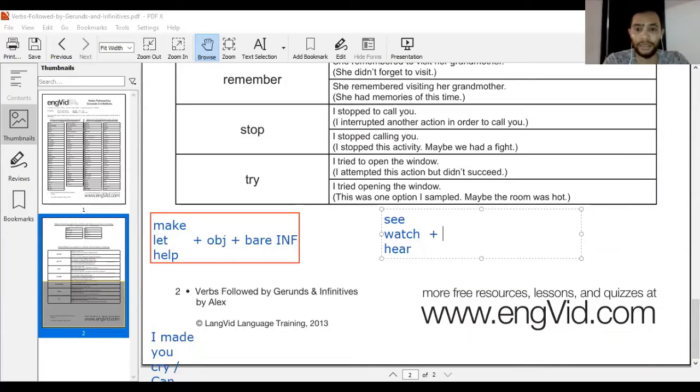The pattern is, they are accompanied by an object, and after the object, we have two possible ways. The first way is the ing form. I mean the verb in the ing form, or the verb in the bare infinitive way.